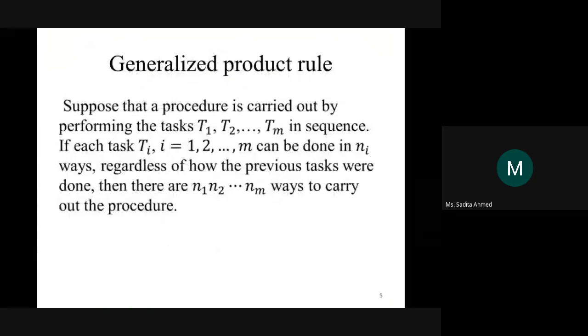So in general, if you think about the product rule, if you have a procedure that can be broken down into any number of tasks, let's say it can be broken down into T1, T2, T3, and so on until Tm. In a total of M number of tasks, denoted by T1, T2, T3, and so on until Tm.